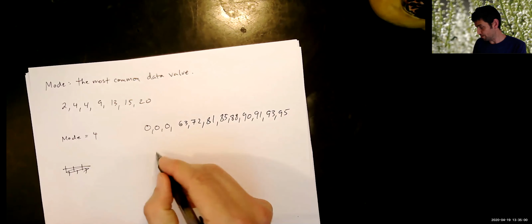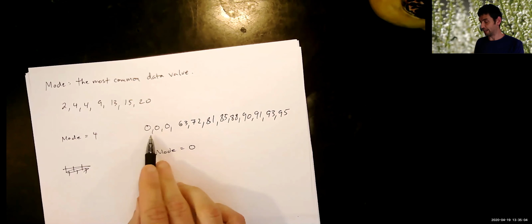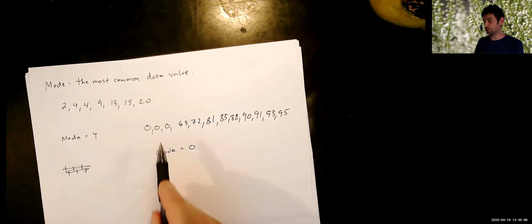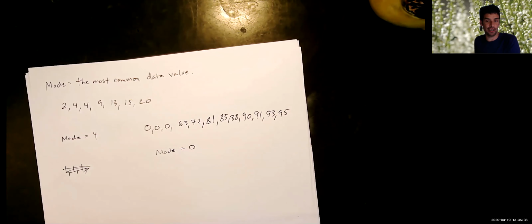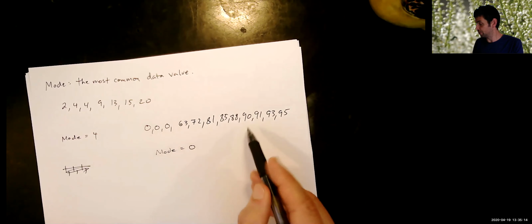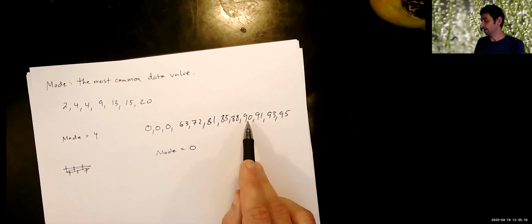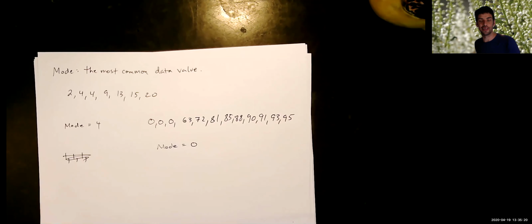Okay. So mode is 0, but in no way does this seem to capture the typical piece of data, right? It's not typical in this class to get a 0. If we took the average of all these numbers, we'd end up here. If we took the median of all these numbers, we'd do a lot better up here. But the mode is really useless in a case like this. The mode is almost only going to be used for us when we're talking about qualitative data, right?